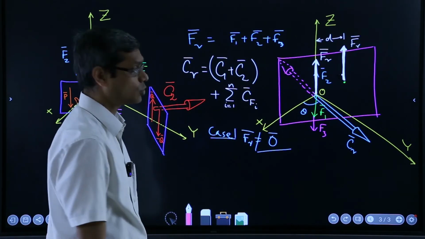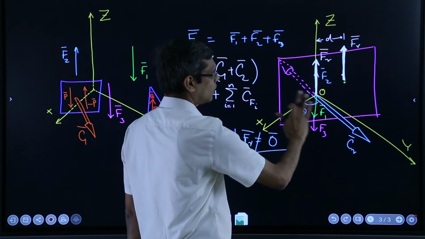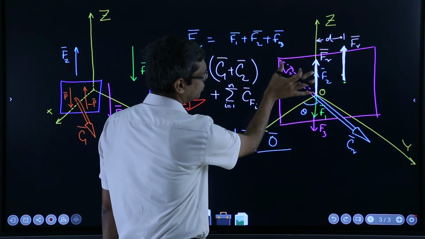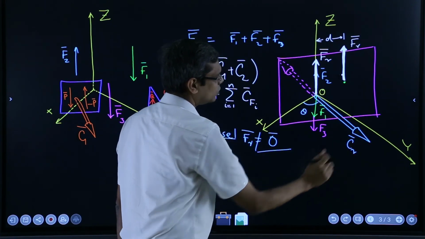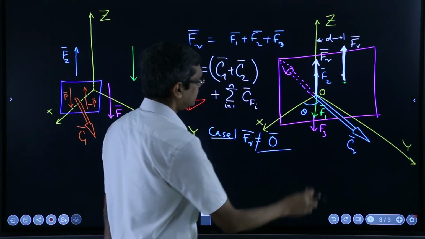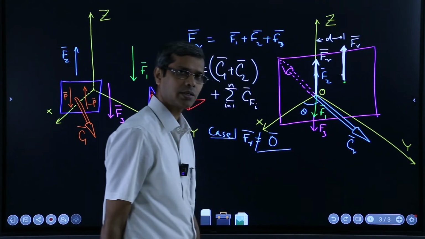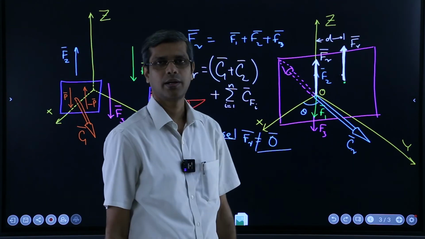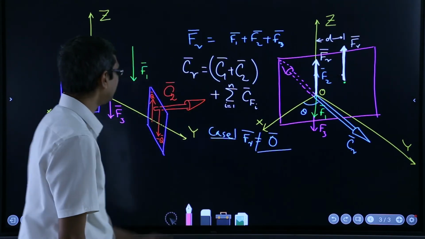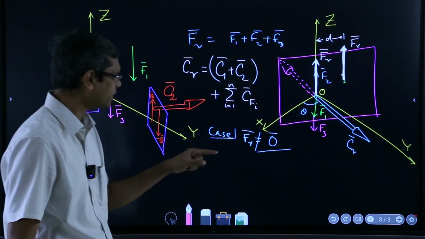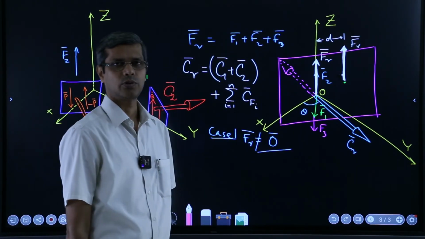And if we choose this distance d on this specific plane in such a way that this magnitude becomes exactly equal to this, then we are done. Then this couple moment will just vanish and we will be left with only this force Fr, nothing else, and that will give us the simplest resultant in the case where Fr is not equal to 0.